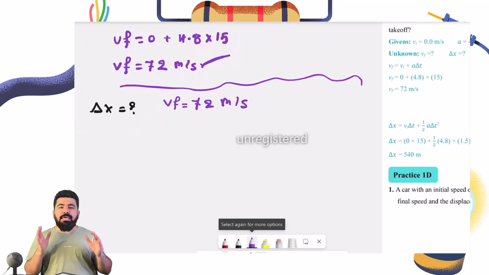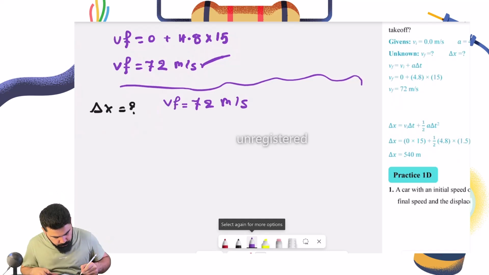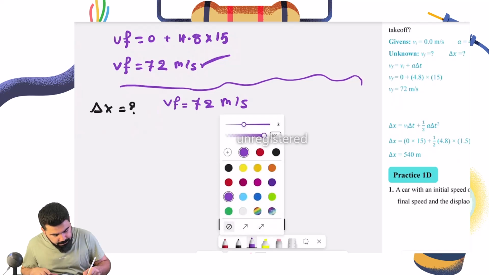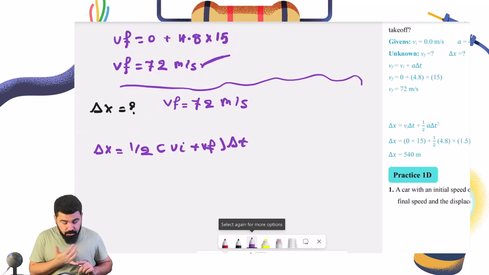Okay, so which one are you going to use? It doesn't matter which one you use. Why? Because whichever you use, you have all the givens. For example, if you use this equation, let's say delta x is equal to 1 over 2, V initial plus V final multiplied by delta t. We have V initial, we have V final, and we have delta t. So we don't have any problem finding displacement.